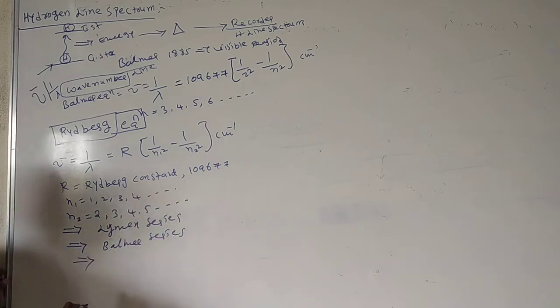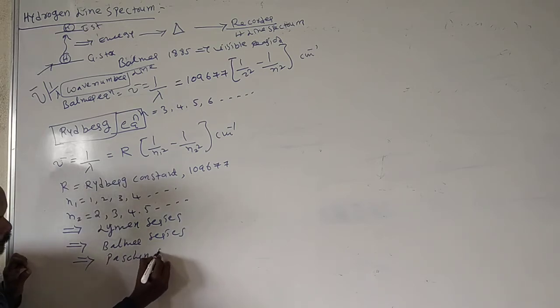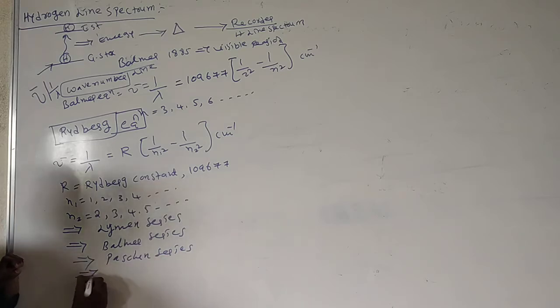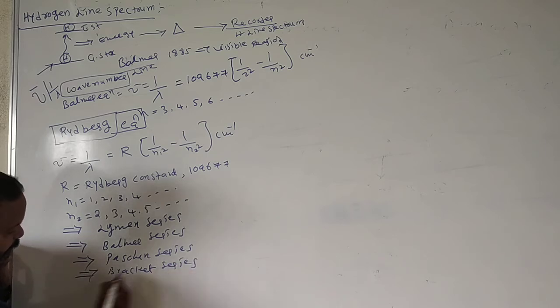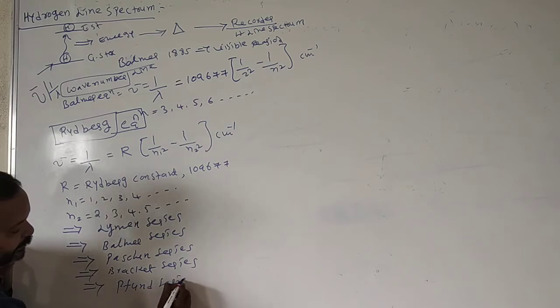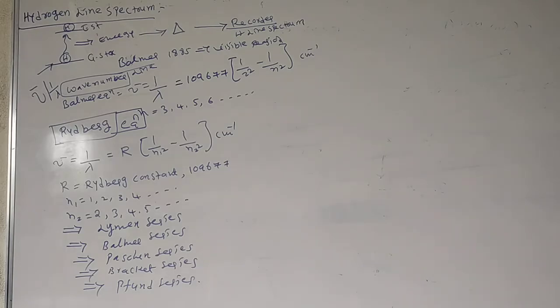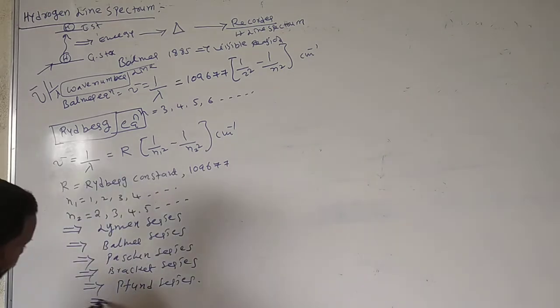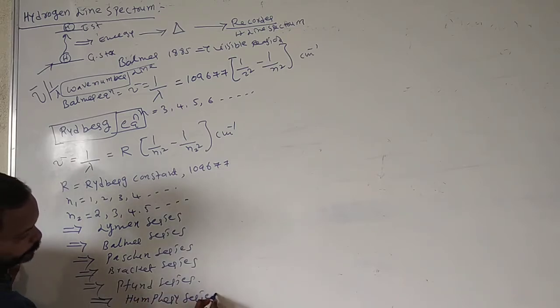If we apply 3, the Paschen series of lines. If we apply 4, the Brackett series of lines, and if we apply 5, the Pfund series of lines. We get the different series in the hydrogen spectrum. One more series, for 6, is the Humphreys series.